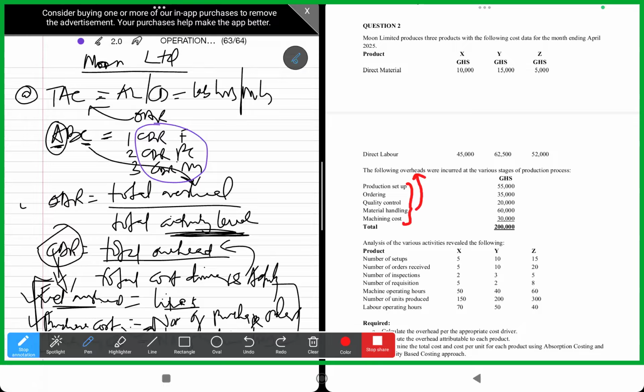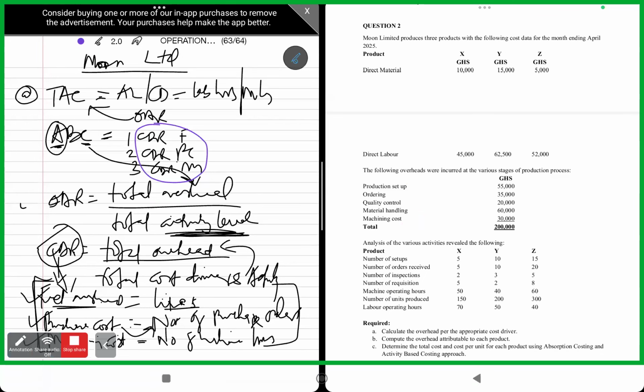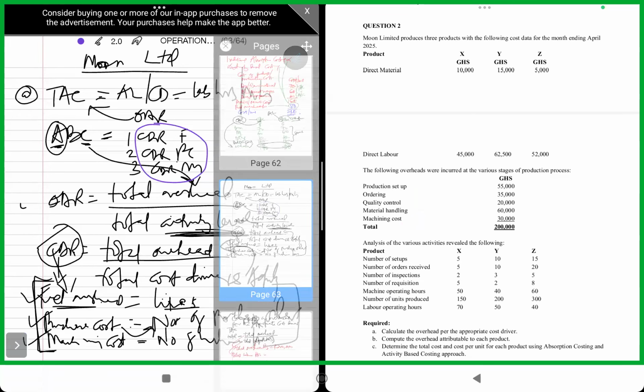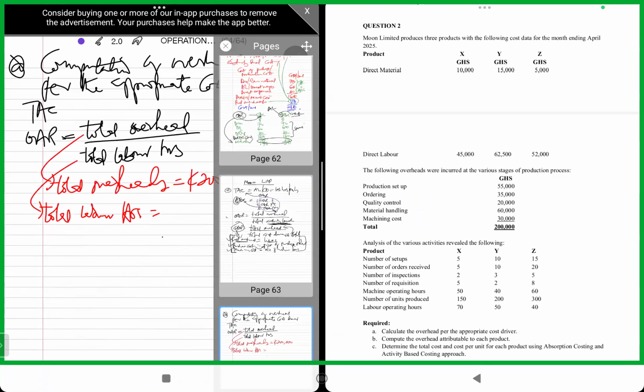We have ordering costs. I can find the CDR for the ordering cost, for quality control, for material handling, and for machining costs. If I should find a CDR for each, it would make the work very long. This is a shortcut for exams. So I would find it this way.